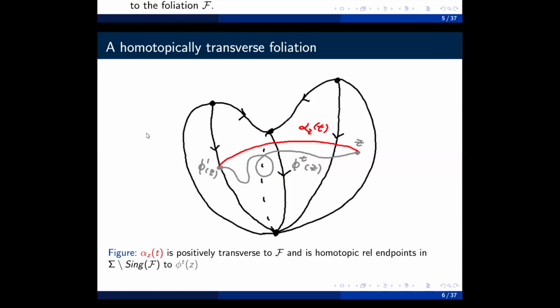Yes, for instance, and this is maybe a good point to mention that if you think of an autonomous Morse function, then the negative gradient flow lines are a positively transverse foliation for the flow. This is your prototypical example. And in fact, what we'll see is that the foliations we're going to build come about by pulling such foliations toward a generic Hamiltonian system.